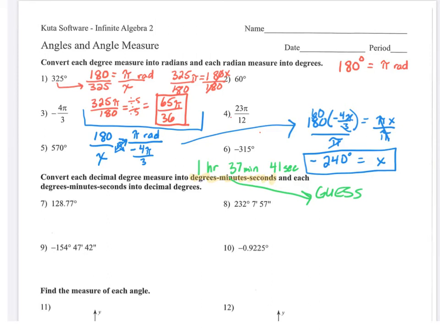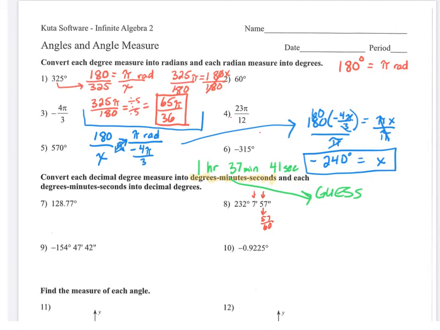So let's start at number 8 here. You're basically going to take each one of these little sections and convert them into a decimal first. So 57, for example, would be 57 divided by 60, because there's 60 seconds in a minute.